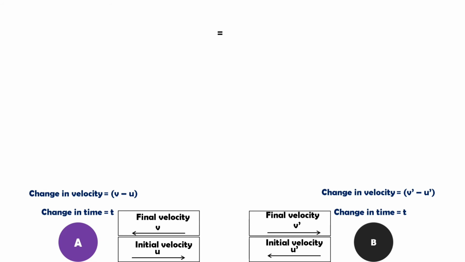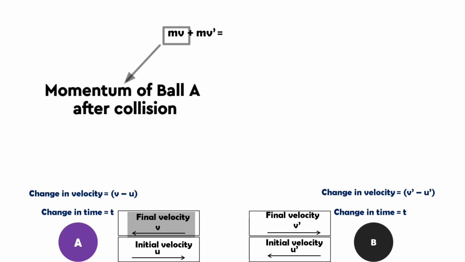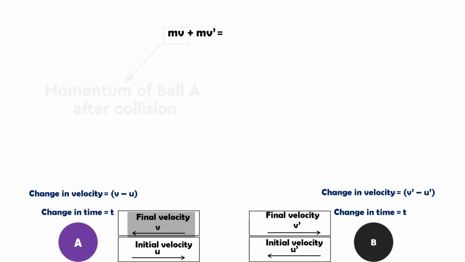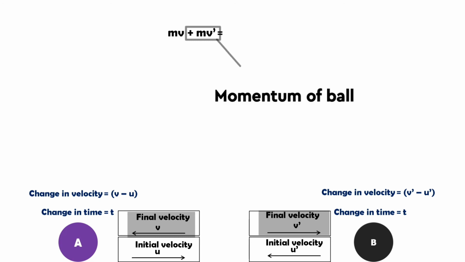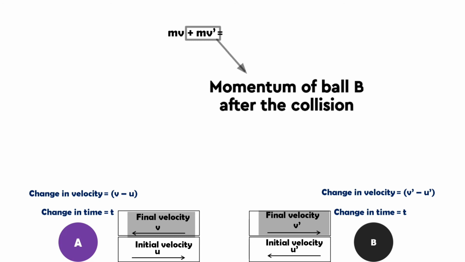Here in this equation, since v is the final velocity of ball A, m into v is known as the momentum of ball A after the collision. And in the second term we have v dash, that is the velocity of ball B after the collision. So here we can say that m v dash is the momentum of ball B after the collision.